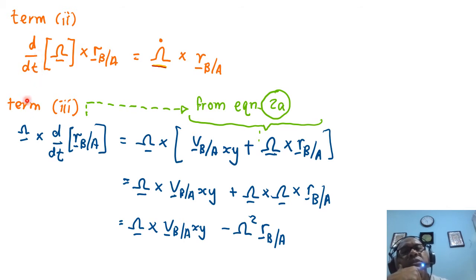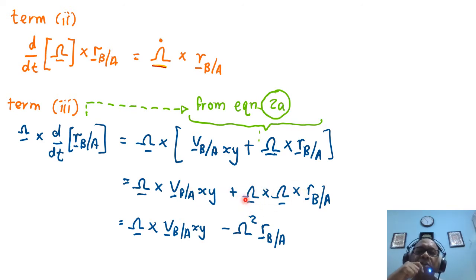Term number 3 is omega cross d over dt of position B relative to A. We have done this differentiation of position vector B relative to A earlier from equation 2A. If you refer to the earlier slides, when we differentiate the position vector B relative to A, we get the relative velocity xy plus omega cross position vector B relative to A. So when we do the cross operation through these two terms, we get omega cross the relative velocity xy plus omega cross omega cross r.